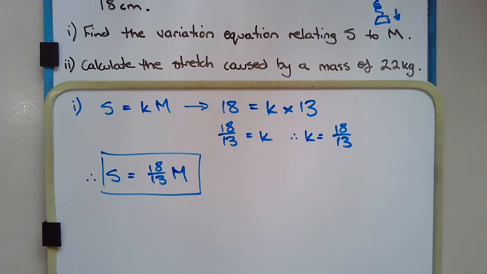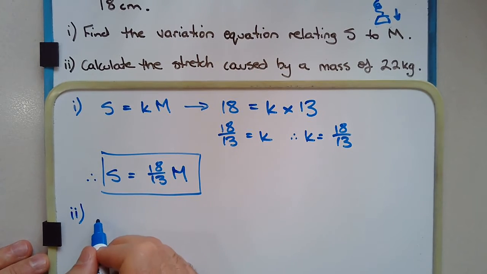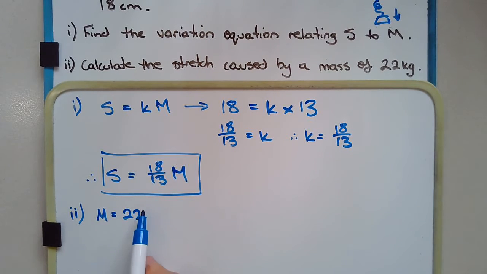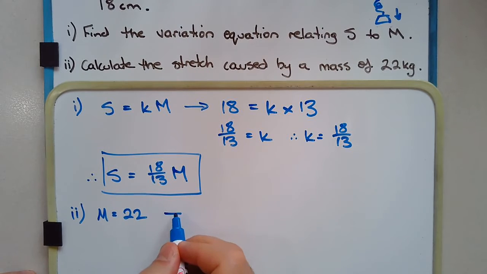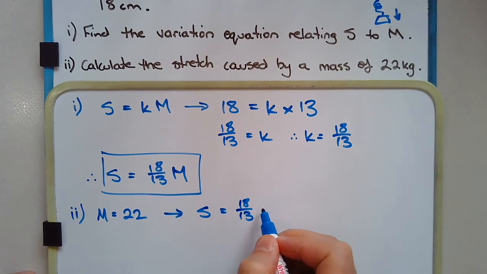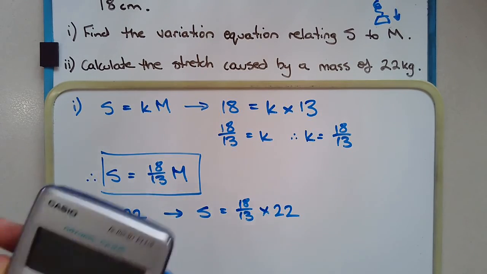Next part, calculate the stretch caused by a mass of 22 kilograms. So M equals 22, and we're going to substitute that into our variation equation. So S is equal to 18 on 13 multiplied by 22.